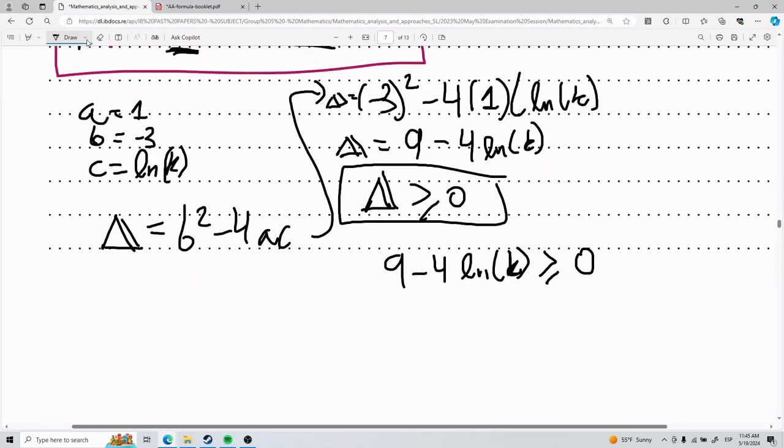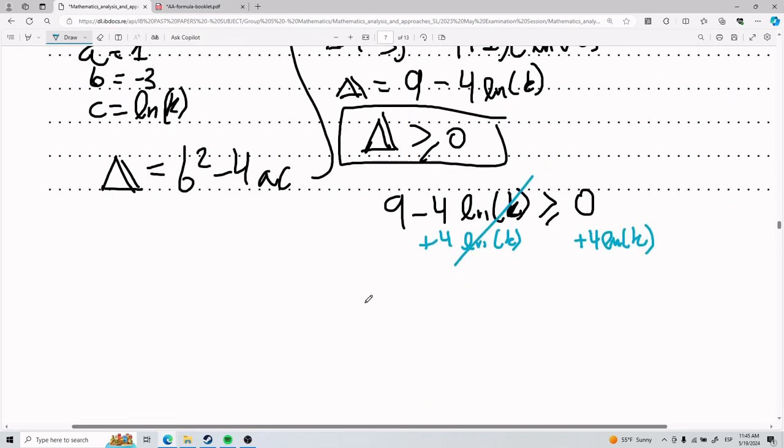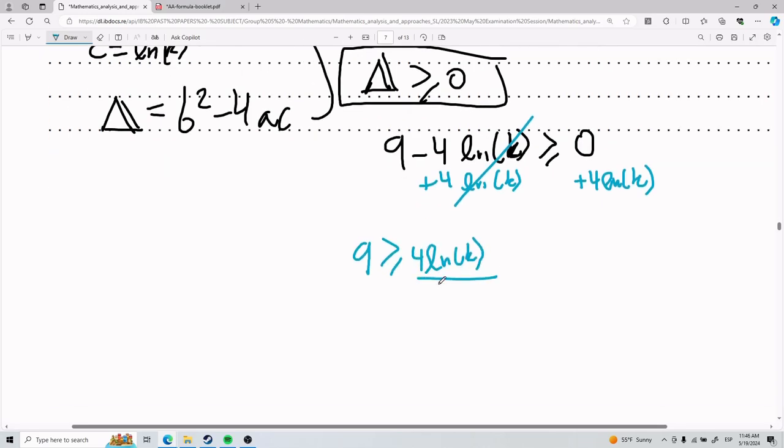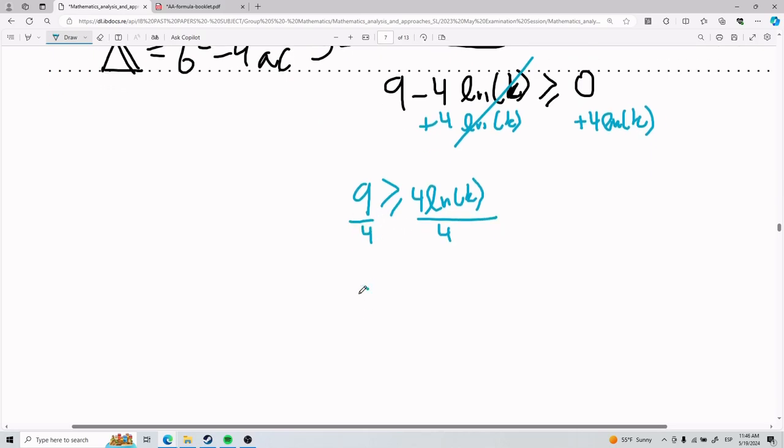There's a couple different ways, but what I would do is just add 4 ln k to both sides. That way you get k a little more alone, right? So this goes away with this. You end up with 9 being greater than or equal to 4 ln k. You want to keep getting k alone, so you can divide by 4, divide by 4. You end up with 9 over 4 is greater than or equal to ln k.